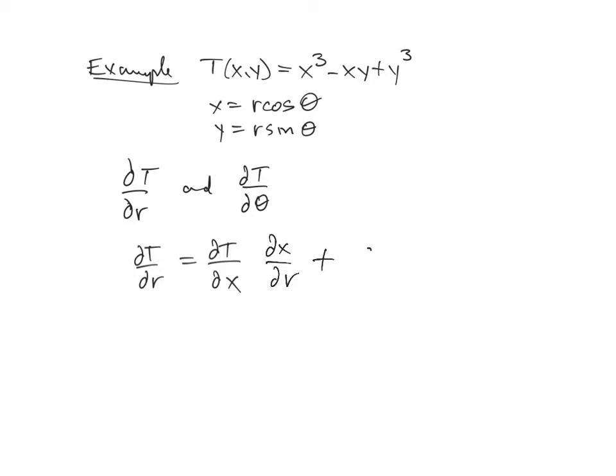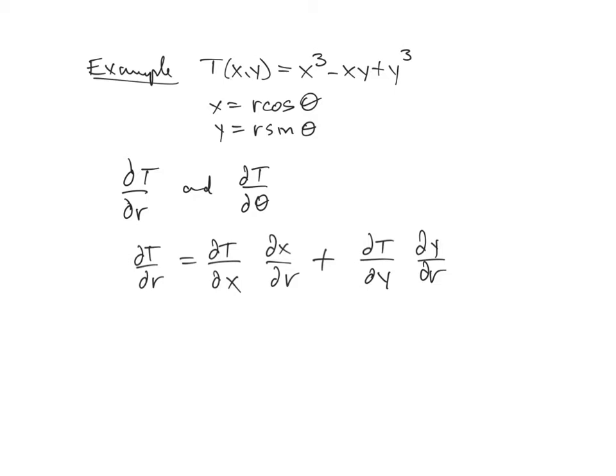So I also have to add the partial derivative of T with respect to y and y with respect to r. The overall goal here is to find out how quickly T changes if I change r just a little bit. Changing r has two effects, x and y, so I need two parts to my partial derivative. And it's just the chain rule.